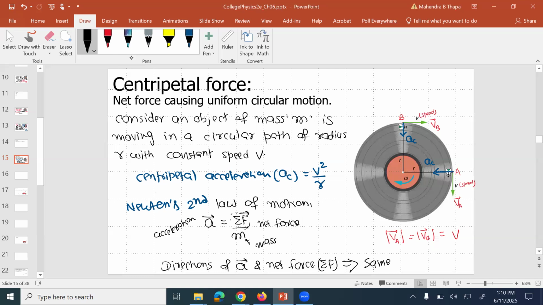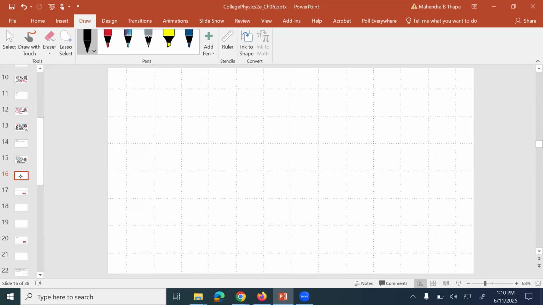Based on that, we can say that at point A, centripetal force is also toward the center. So at point B, the centripetal force is also toward the center, Fc. If you take the other point here, the centripetal acceleration is toward the center, and the centripetal force is also toward the center. So you can use Newton's second law here. So a equals net force over mass.